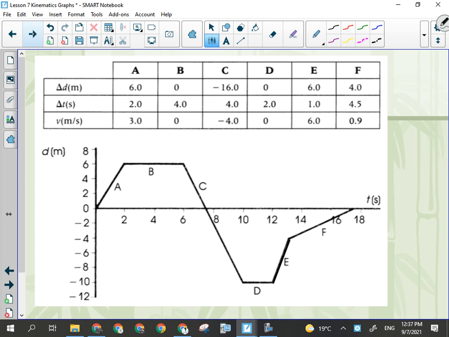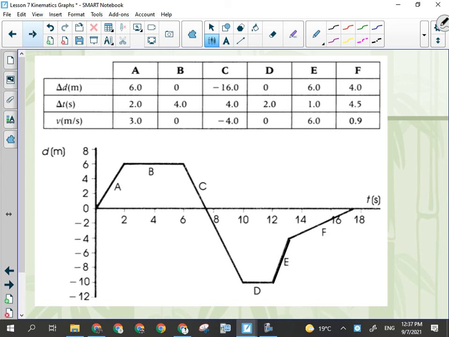One of the challenges that you're going to have is being able to interpret a graph. That is, to look at a graph and maybe I ask you, what is the object doing in part D? It stopped.